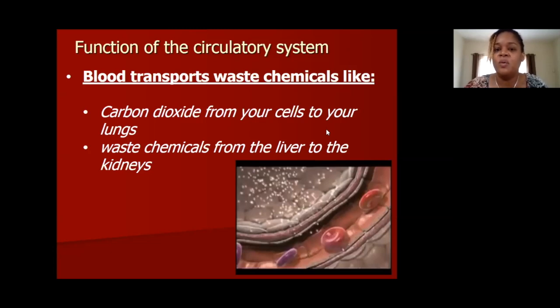And then we have other waste chemicals that are produced by the liver and transported to the kidneys to be released from the body. Now, the way things will move around the body is essentially through blood. So that is why we normally classify blood, the circulatory system, as the transportation system. This is how most substances move around the body, through your blood.